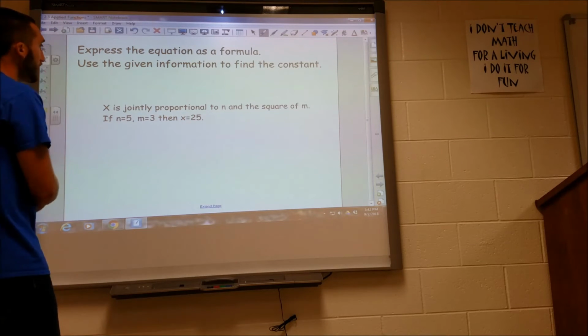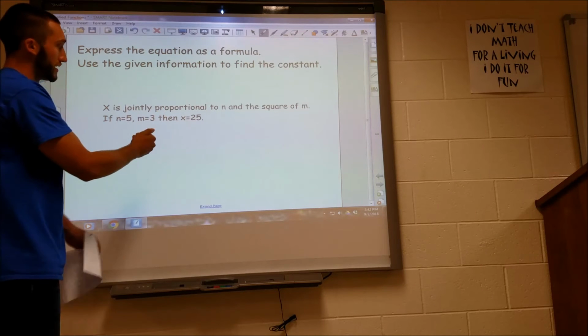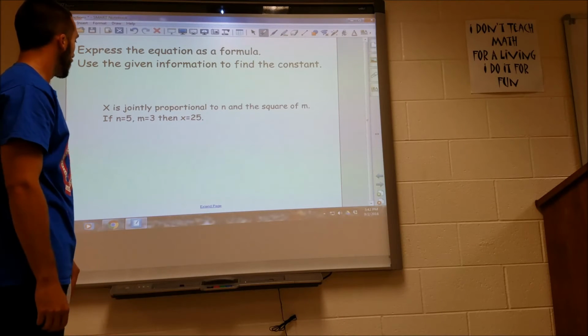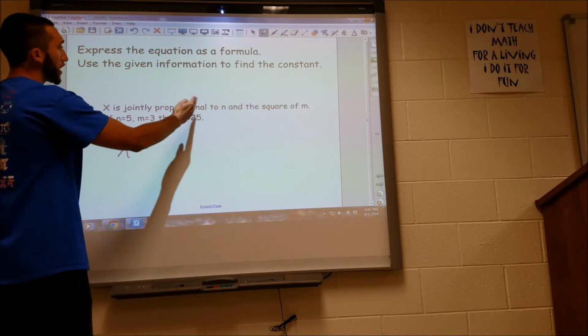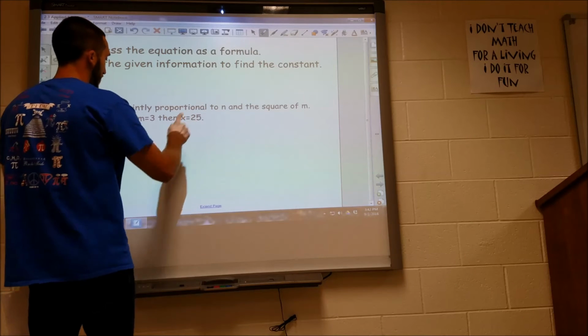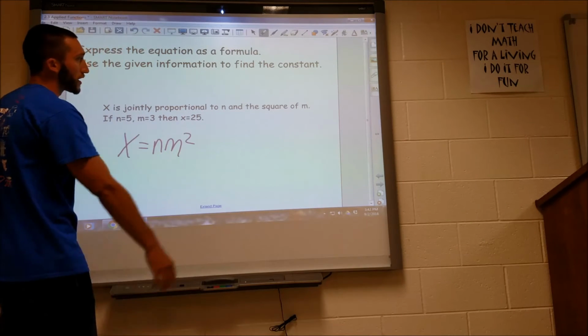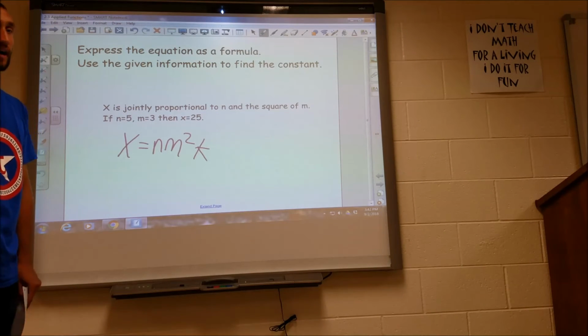So they tell us that x is jointly proportional to n and the square of m. So what that means is x is jointly proportional, meaning n times m squared, the square of m, and we're always going to have our constant k.